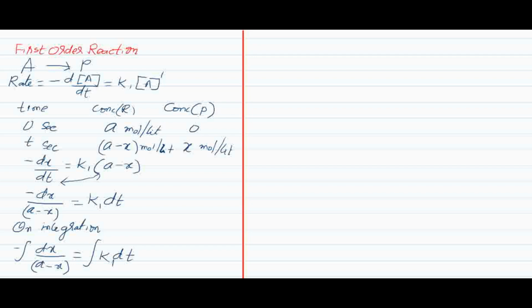Now this minus integration dx by a minus x equals minus ln a minus x. K1 is a constant, and the integration of dt equals t plus I, the integration constant.